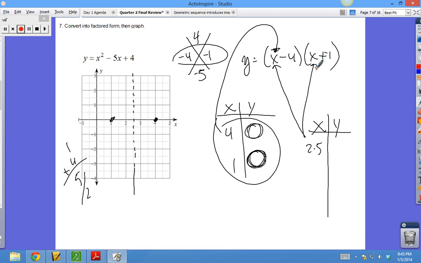So if I do 2.5 minus 4 times 2.5 minus 1, just do it on the calculator. I get -2.25. So now I'm going to go over 2.5 and then down 2.25. So somewhere like right there. And you're done.